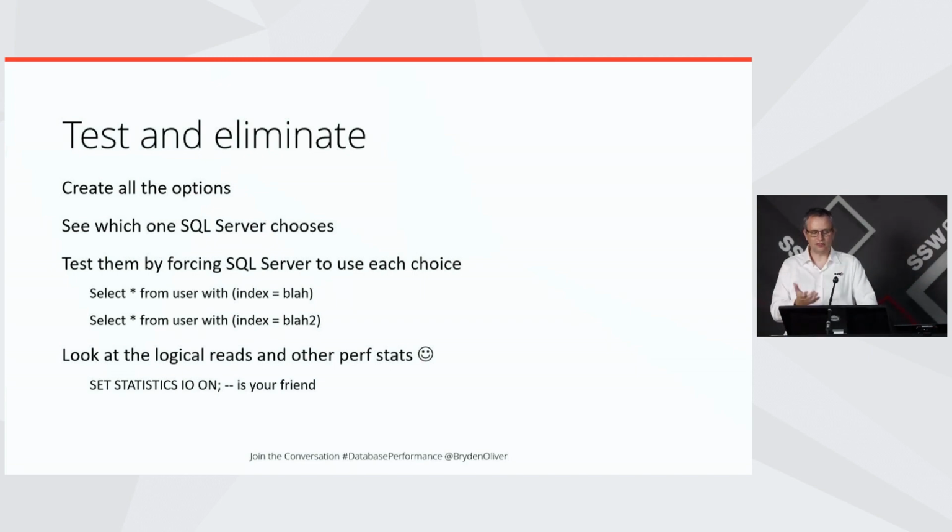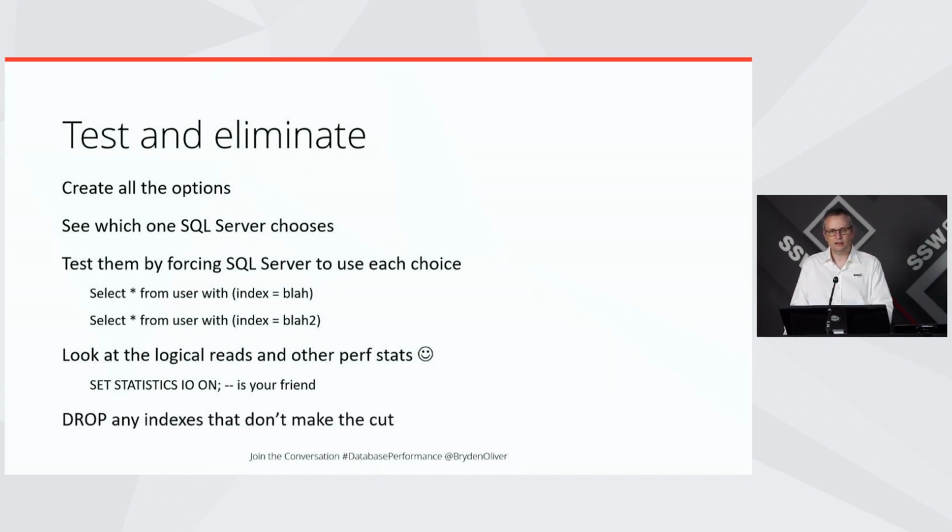And then finally, make sure you set statistics IO on. That's the golden rule here, so that you can easily figure out what improvements you're going to get and how much improvement you're getting. So that gives you the ability to quantify things much better.